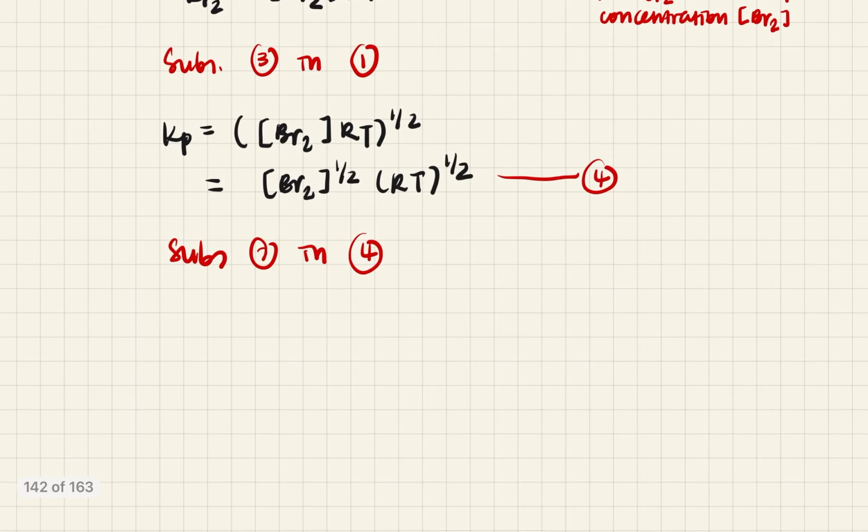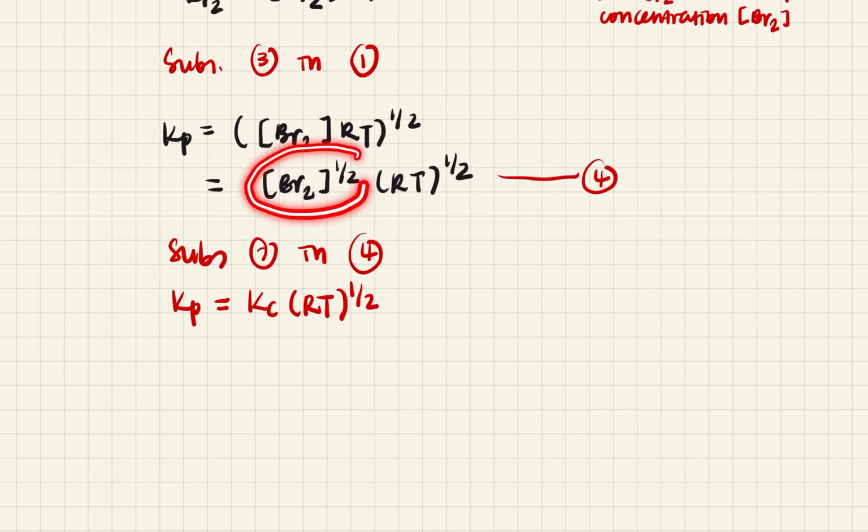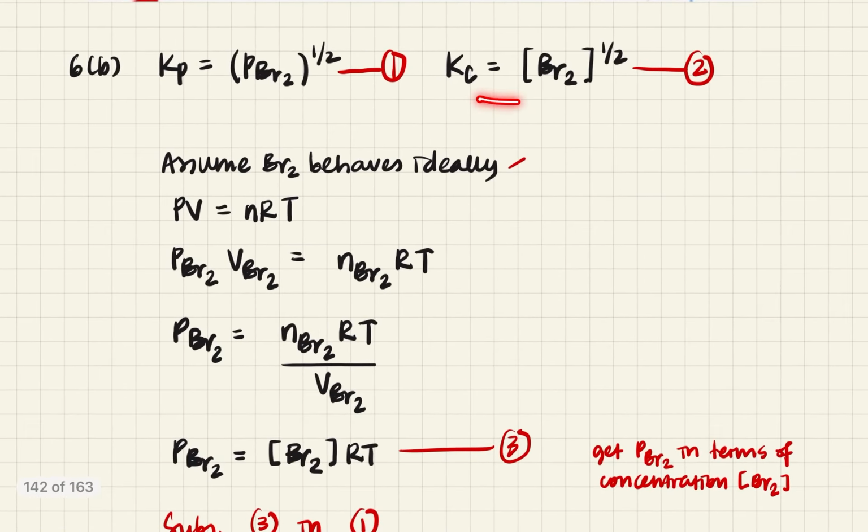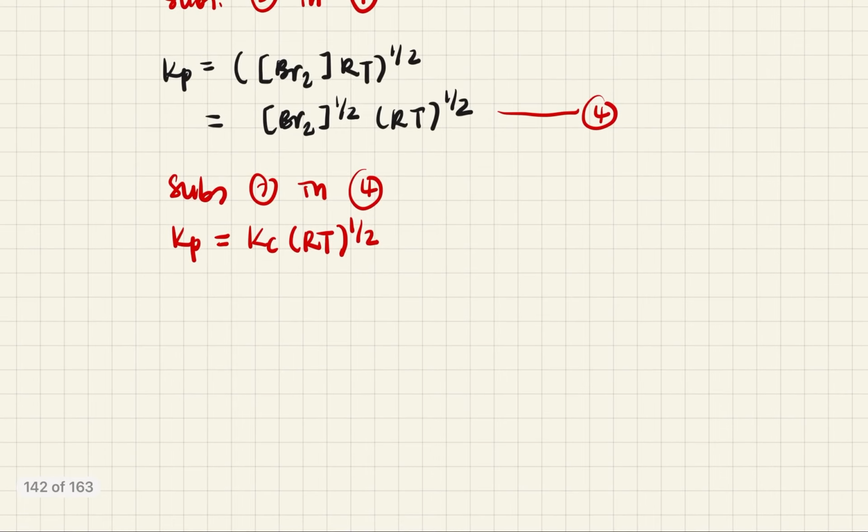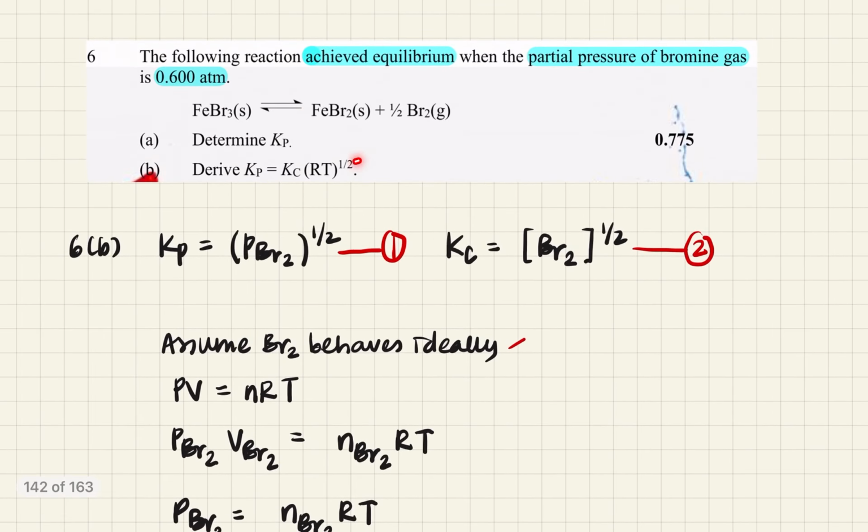So it will become Kp equals to Kc RT to the power of 1/2. Right? Because you have replaced it, meaning this one is actually your Kc. Okay, right here. So that is how you derive this formula. Alright, so follow the steps and remember which is equation number 1, 2, 3 and 4.